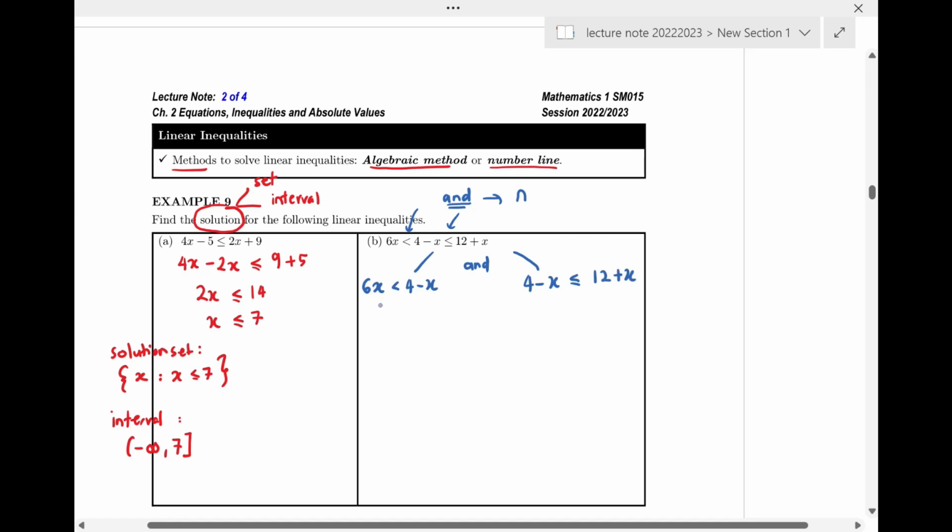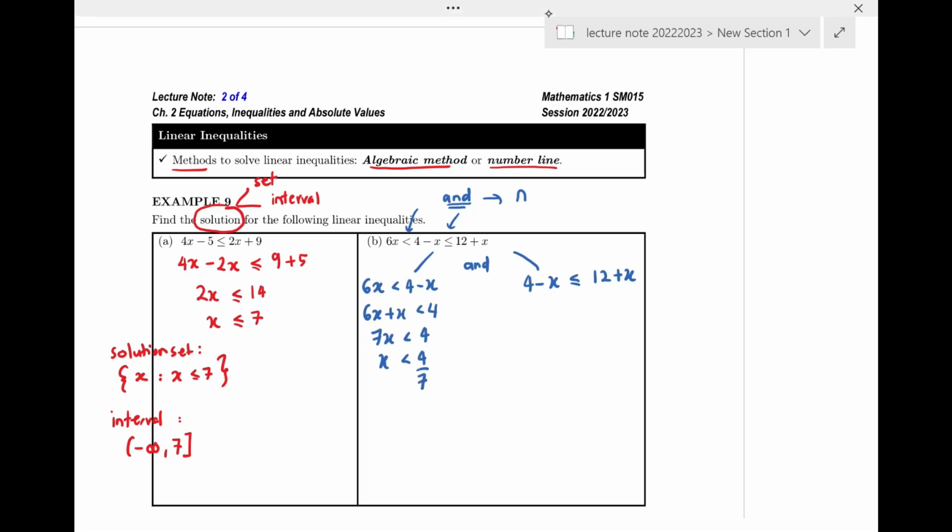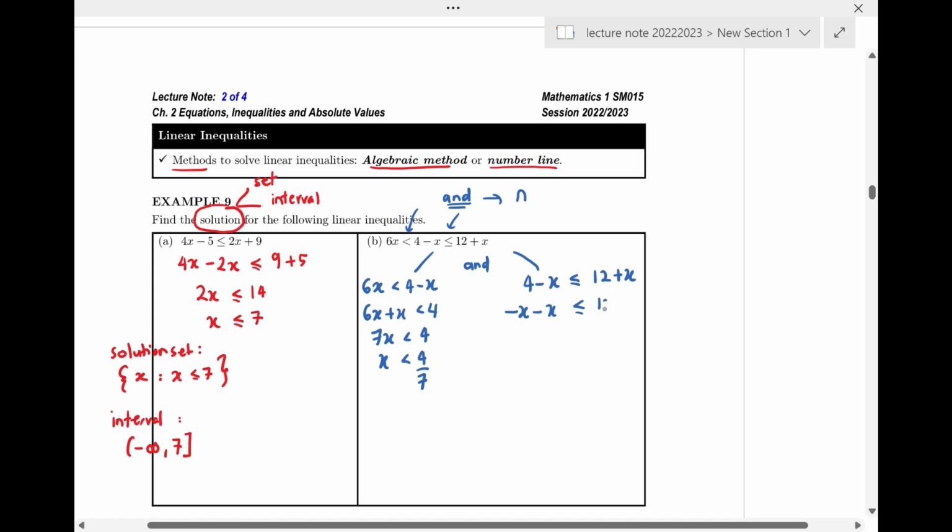We first solve the left one. So 6x plus x less than 4, 7x less than 4, so x less than 4 over 7. The second one, I have negative x less than or equal to 12 minus 4. I gather all the x on the left side and the non-x on the right side.